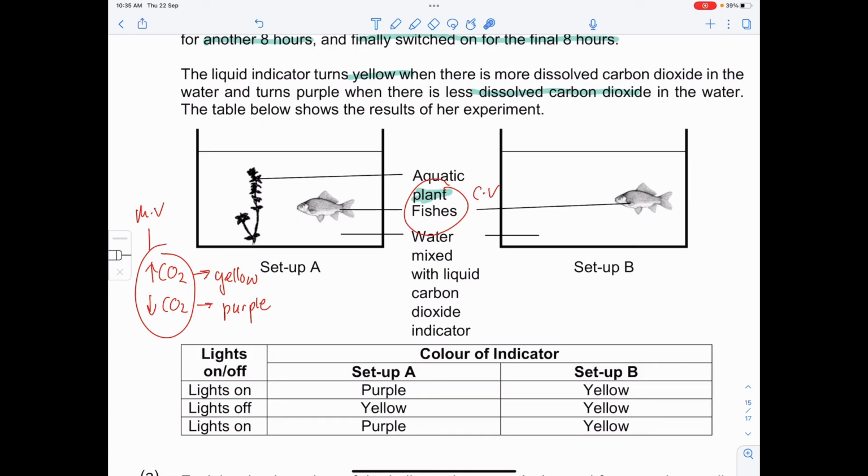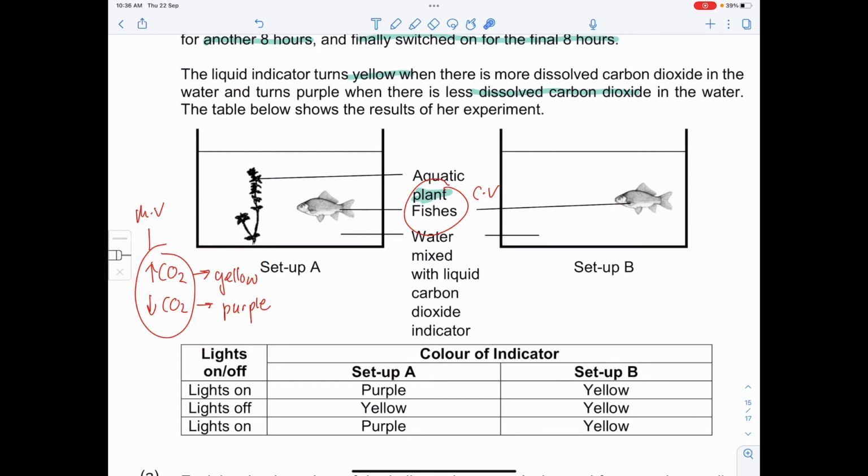So based on it, I know that when my lights are on, this should be purple, decrease. Why? Because I know that the plant takes in the carbon dioxide for photosynthesis. I'm correct. And then B is always yellow all the way, like I tell you, because the fish is forever respiring, forever taking in oxygen and giving out CO2, so it will go up.